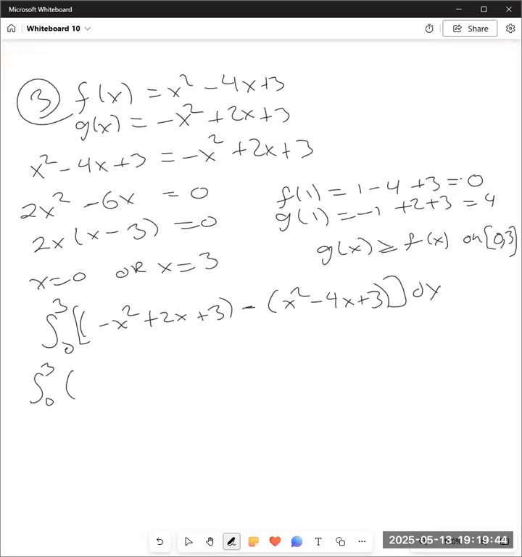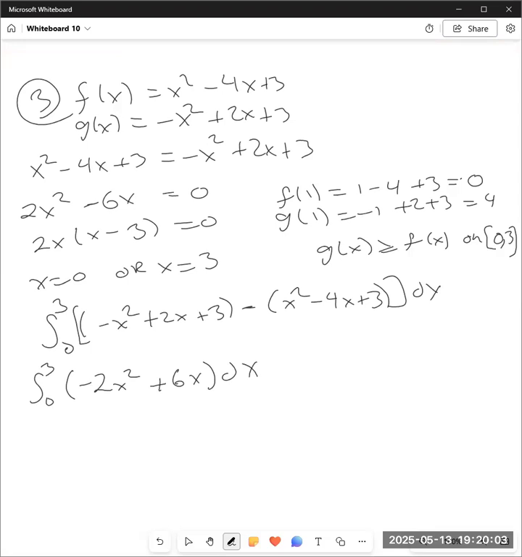So negative x squared minus x squared is a negative 2x squared. 2x plus 4x is plus 6x, negative 3 here, and a positive 3 there is 0.